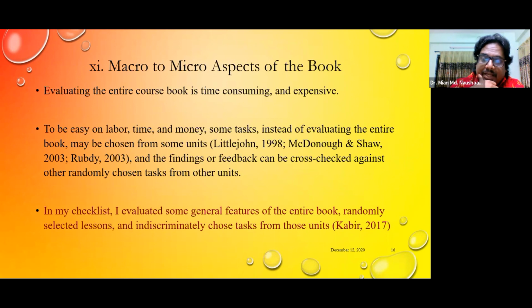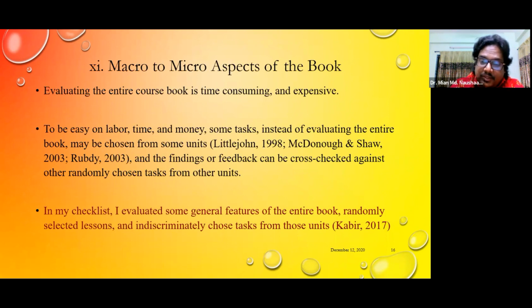Let's say some tasks, instead of evaluating the entire book, may be chosen randomly from some units, and the findings and feedback can be cross-checked against other randomly chosen tasks from other units. Or the process that I did.